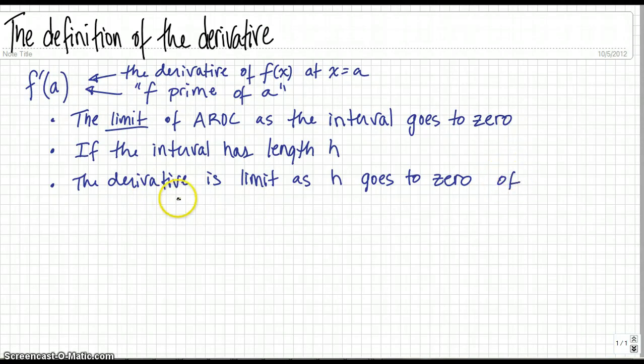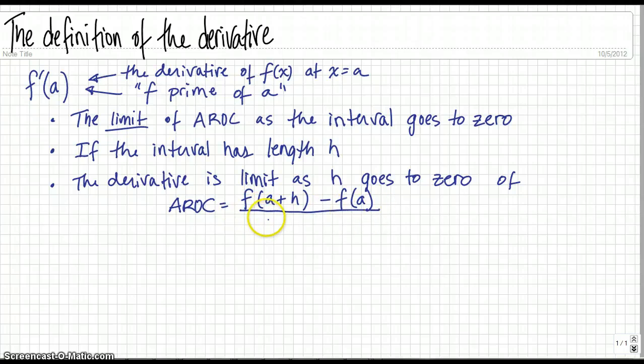So of the average rate of change here, which is going to be the rise over the run, or the change in output over the change in input. And it'll look like this: f of a plus h minus f of a, that's the difference in output over that interval, over a plus h minus a.